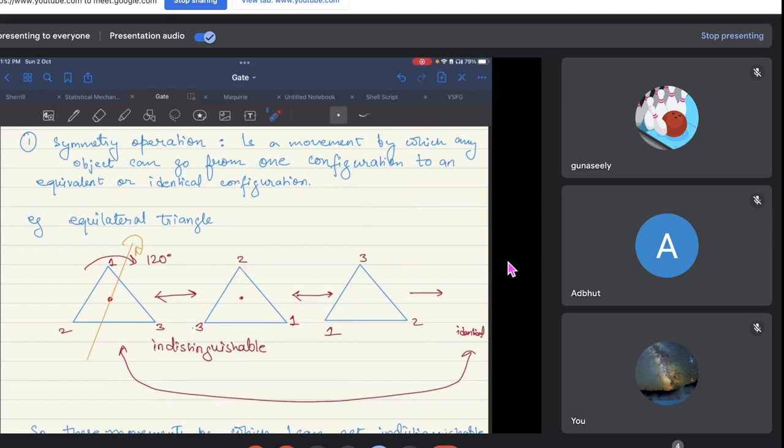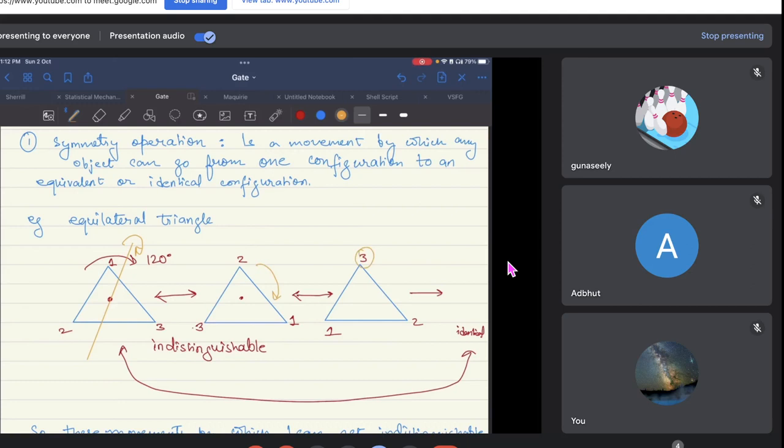And again, if I do the same 120-degree rotation around this particular axis, my 2 will come here, and my 3 will go here, and so this will be the rotation again.